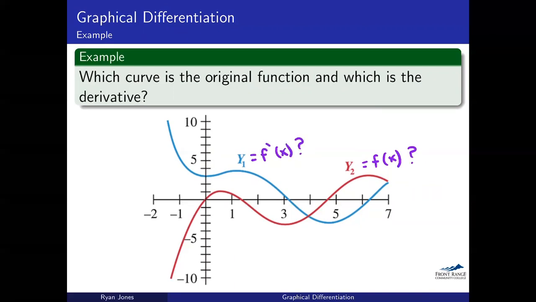So let's ask ourselves, I'm going to look at where the red function, y2, which I'm guessing is f of x, has a maximum or a minimum. And that's going to be right here, and right here, because at those points, my tangent line is equal to 0.